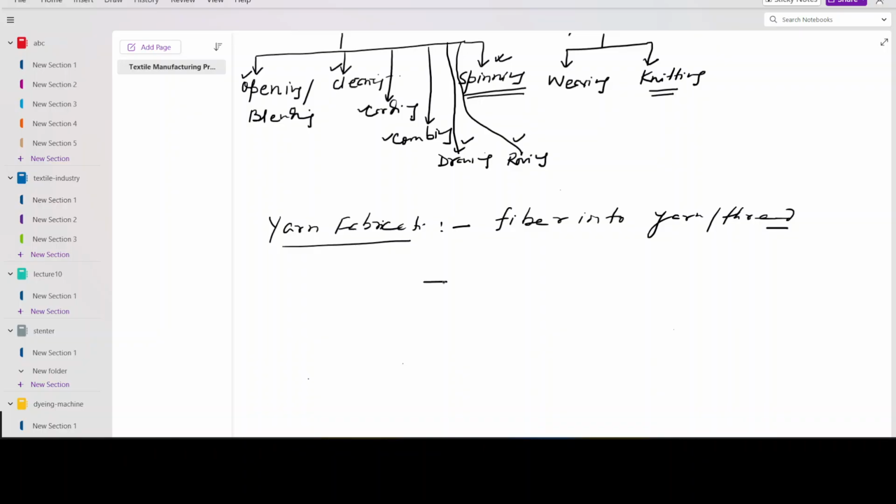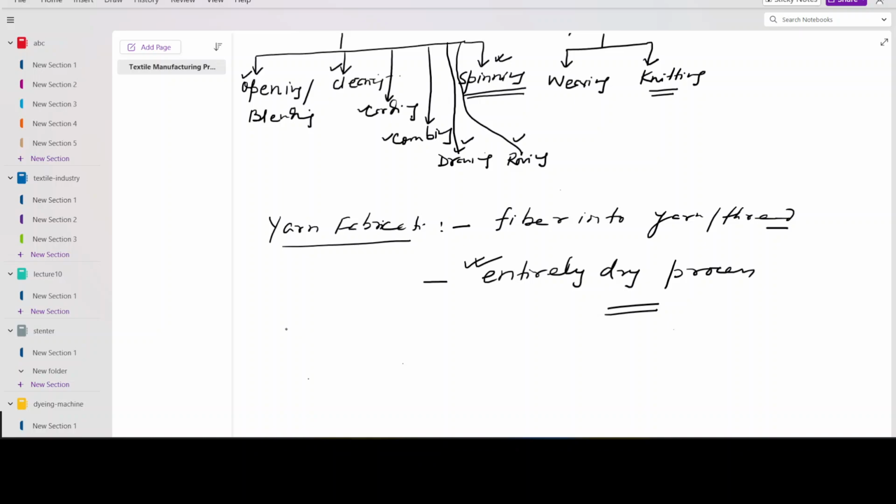Another important fact to know about yarn fabrication is that it is entirely dry process. Exception can be when yarns may be dyed and finished as a final customer product. Otherwise, yarn fabrication is entirely dry process.